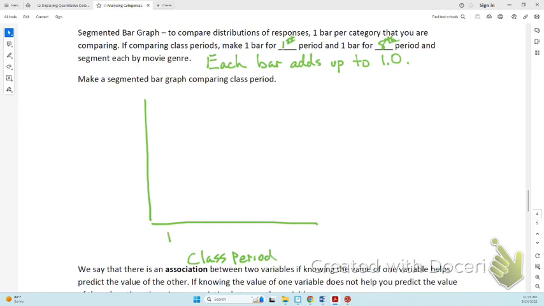Let's do first period on the left and 8th period on the right. And unlike a comparative bar chart, we're going to number all the way to 1. So I'm going to go by tenths and number to 1.